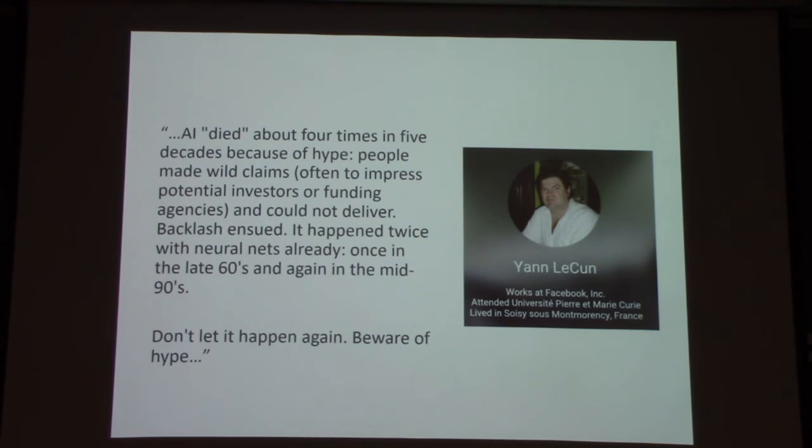People make wild claims and could not deliver, and then there's the eventual backlash. It has already happened twice with neural networks, once in the late 60s with perceptron, and once in the late 90s, nothing named, but what happened in the 90s was support vector machines basically took the brunt of the hype. So don't let it happen again.